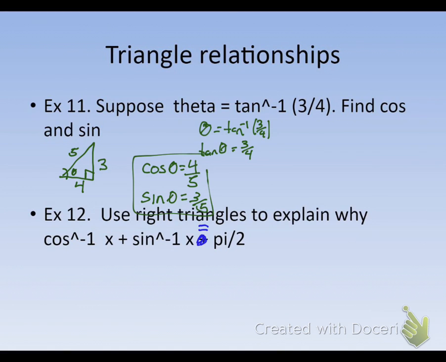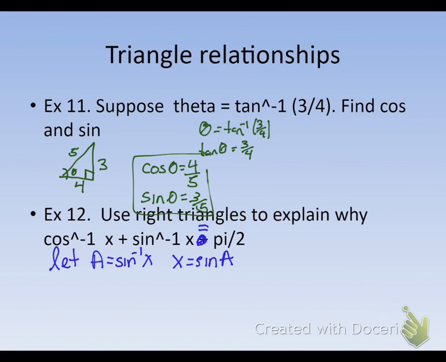Okay, so for the purpose of this, I'm going to let a equal sine inverse of x. So rewriting this, I can say that x equals sine of a. You could have picked cosine inverse, it would work the same way.